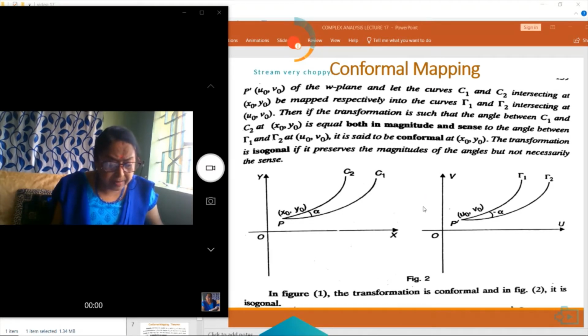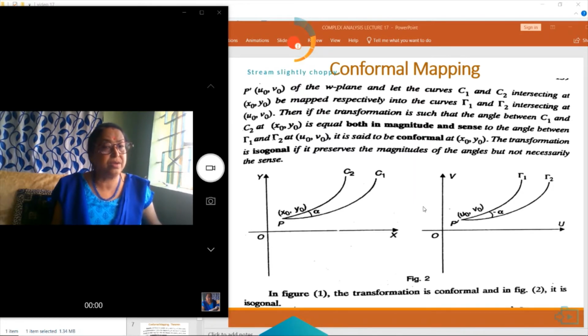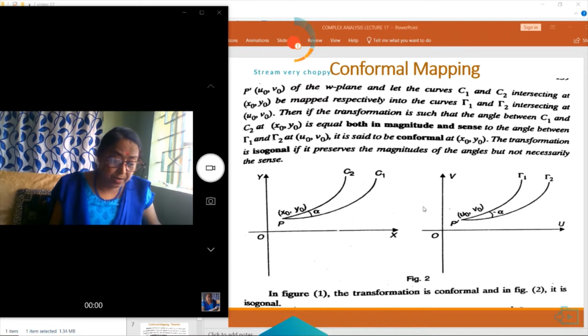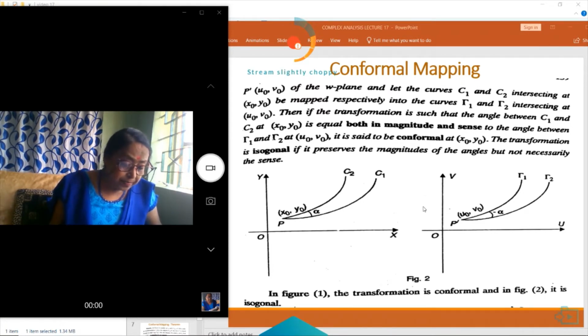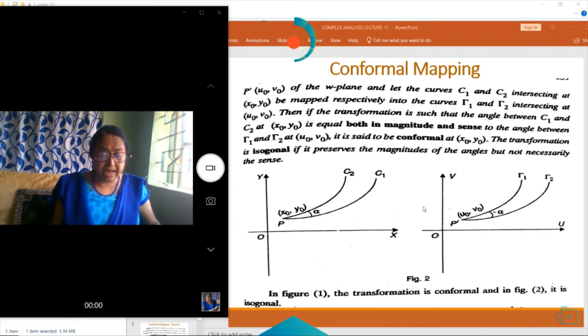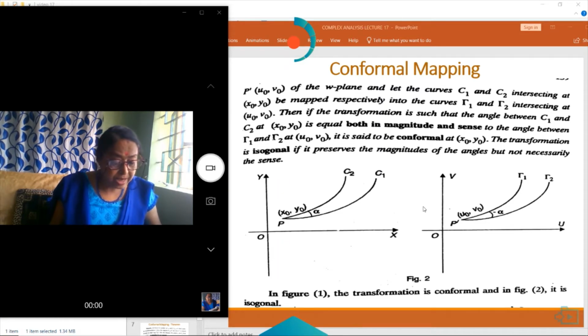Then if the angle between C1 and C2 at (x0, y0) on the z plane is equal, both in magnitude and sense, to the angle between tau 1 and tau 2 at (u0, v0), the transformation is said to be conformal at (x0, y0).